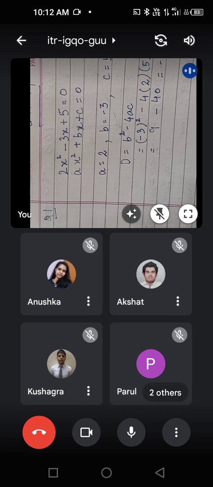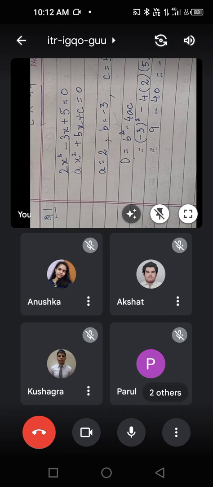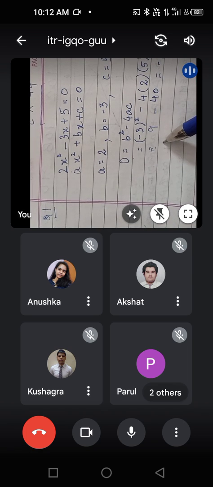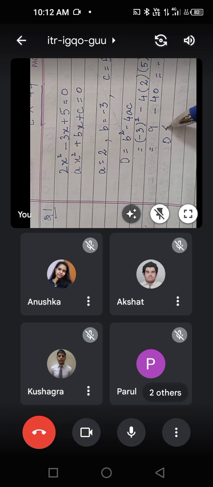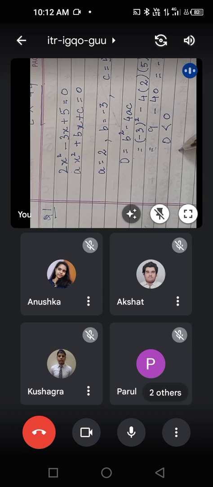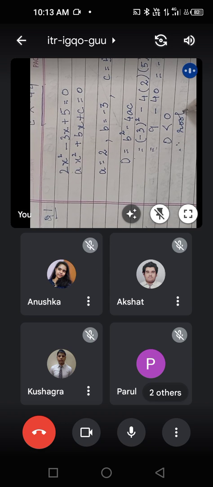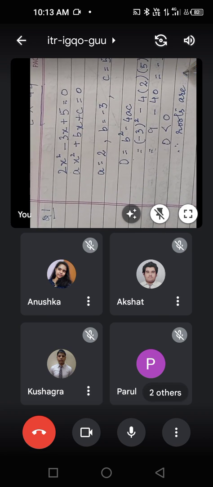Okay. Since the discriminant is negative, discriminant is less than 0, negative means it will be less than 0. Therefore roots are imaginary.